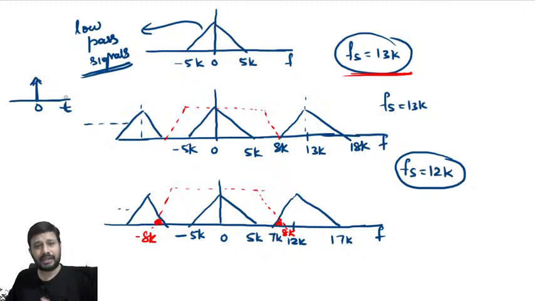But how sampling happens practically, there are two approaches: natural sampling and flat top sampling. Those are part of the EC syllabus but not for electrical students. As this batch is common for EC, electrical and instrumentation, I am not going to discuss those topics now, but definitely I will discuss them after some time.